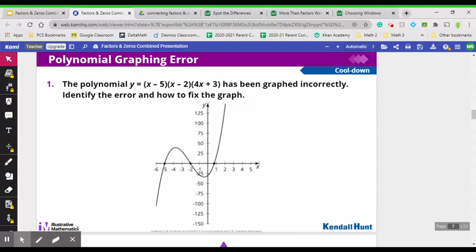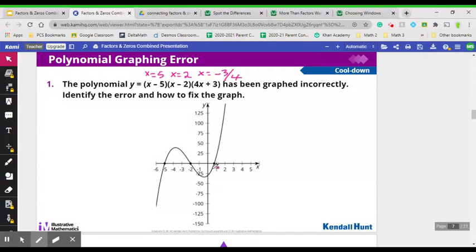So the error is they've used the opposite signs of what you're supposed to. So from x minus 5, you would set that equal to 0 and figure out that your x-intercept is 5, and then you'd have 2, and then you'd have your last x as negative 3 over 4.